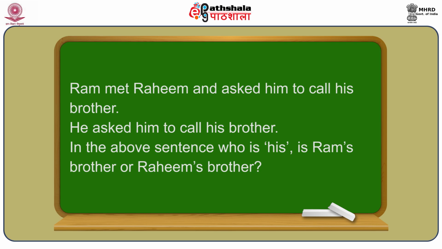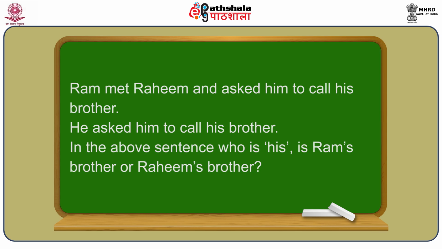Is it Ram's brother or Rahim's brother? In the anaphoric sense, if Ram is marked as I and Rahim is marked as J, then he has to be marked as either I or J accordingly. If Ram is asking Rahim to call Ram's brother, then this should be marked with I. Or if Ram wants Rahim to call Rahim's brother, then it should be marked with J.